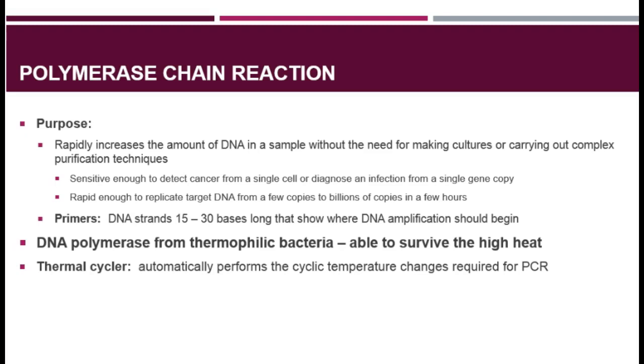And then we use a machine called a thermal cycler, and it cycles through a sequence of temperatures automatically, so that this process just happens repeatedly. So we go through those temperature changes that are needed to separate the DNA strands and then reanneal or rejoin those DNA strands once the replication is finished.